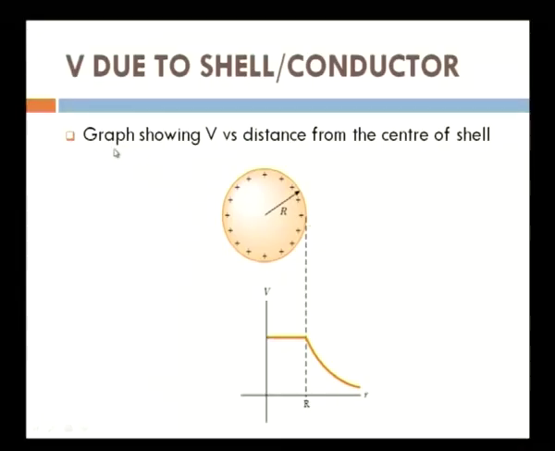This is a graph showing the potential versus the distance measured from the center of the shell. Just for reference, the shell is also shown here. For any point inside the shell, the potential remains constant. For points outside, the potential falls inversely. So, this graph clearly says the potential inside the shell is constant.